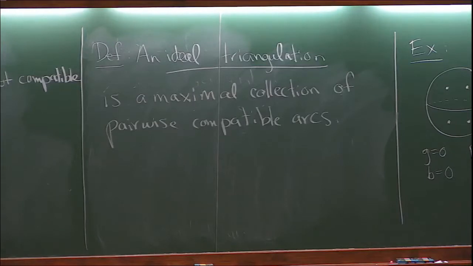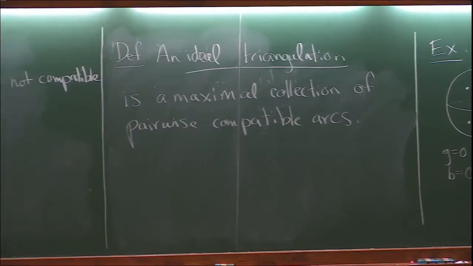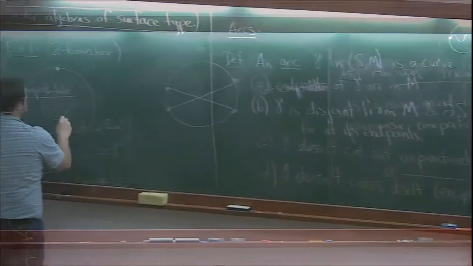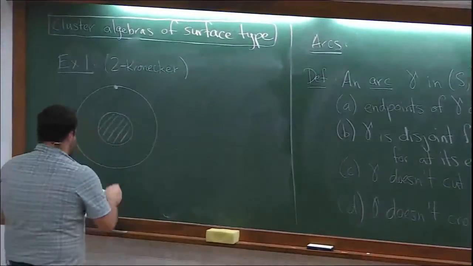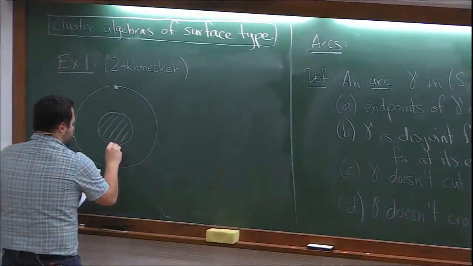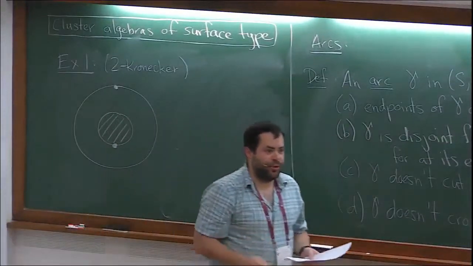This two-Kronecker is going to be an annulus. So I take a disk and I punch out this disk, and I want to have at least one marked point on every boundary component.